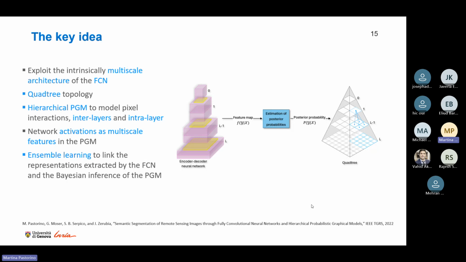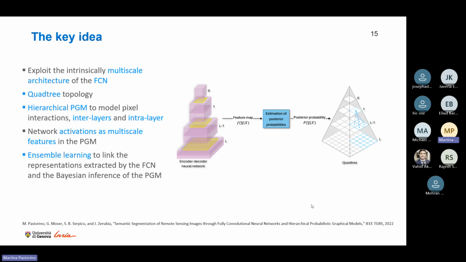We can define a hierarchical PGM on this quad-tree in order to mitigate the impact of multi-source data or sparse ground truth data, because with this methodology, we are both modeling interlayer and intralayer interactions, so multi-scale information if we have multi-resolution data, and spatial information if we have scarce ground truth. So we are enforcing some relationships between neighboring pixels.